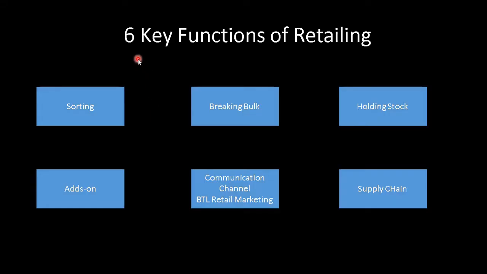Okay, let me talk to you about the 6 key functions of retailing and why retailers are so important for you guys as a brand or as a producer in the market. When you sell your products to a retailer, the first step that they will do is take your product and they will display it with similar products. So let's say you are a chocolate company, so you produce chocolate and you're selling them to a grocery store.